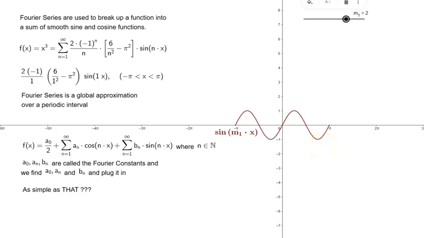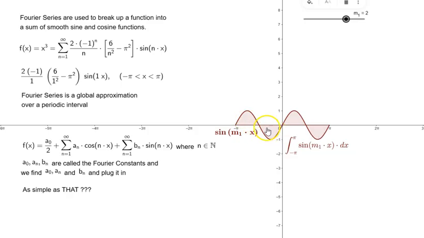Okay. Now what we are interested in is the area under the curve. And this we figure out using integration. Integral of sine m1 times x dx over the interval minus pi to pi. And here, when we do integration, the area above the x-axis will be positive and the area below the x-axis will be negative.